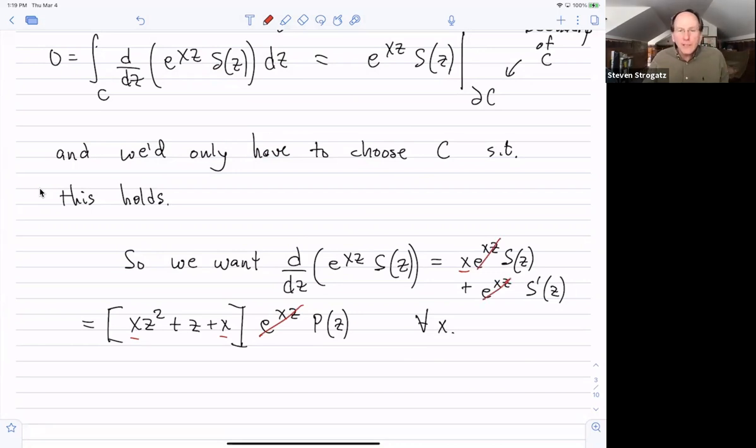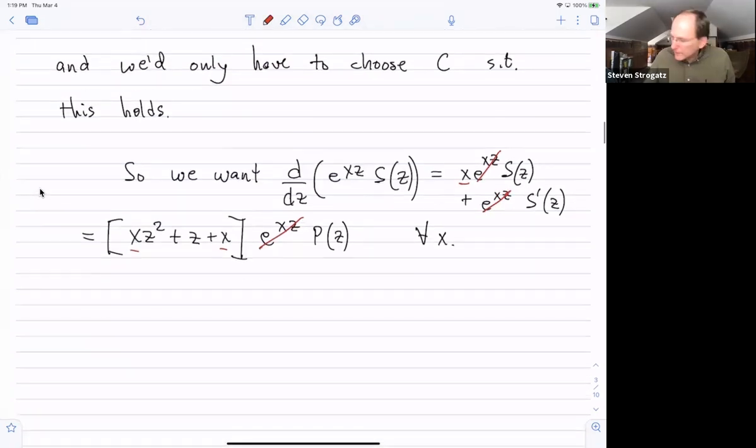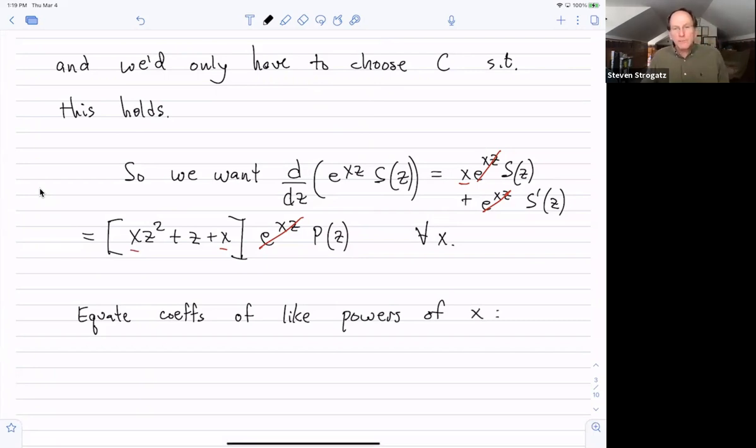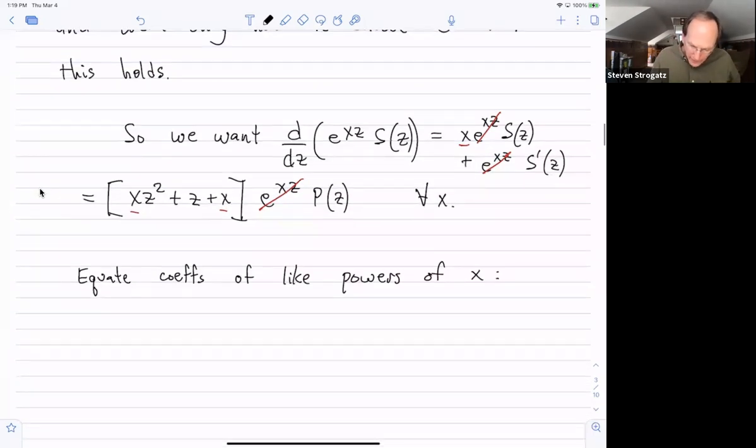So you can see that this could be achieved by having two conditions. If I equate the coefficients of what are usually called powers of x, meaning either x to the first power or x not there at all, then the two conditions are, we get S of z from the underlined one in red.